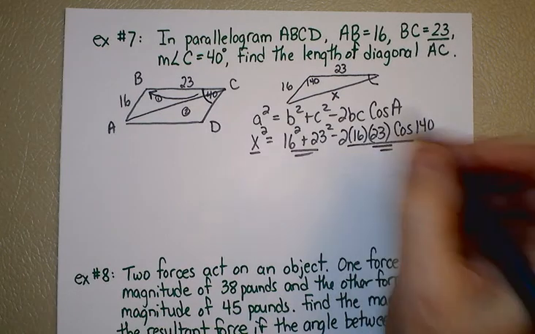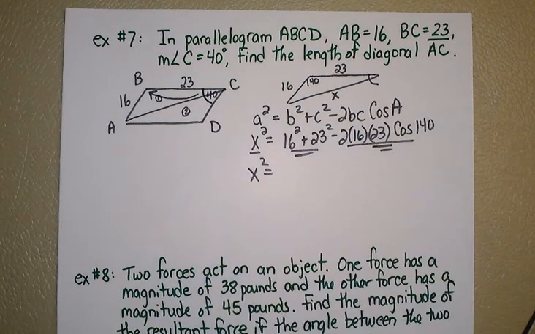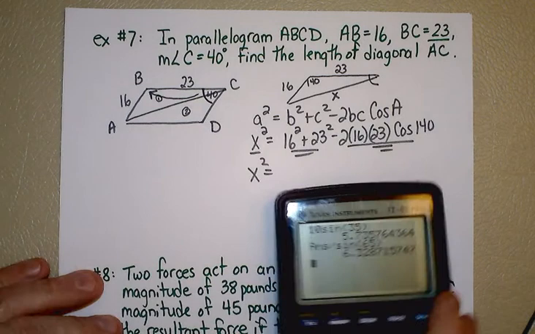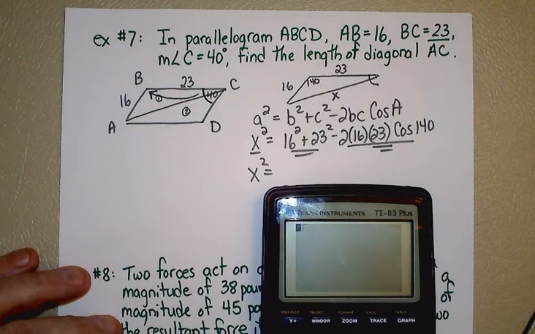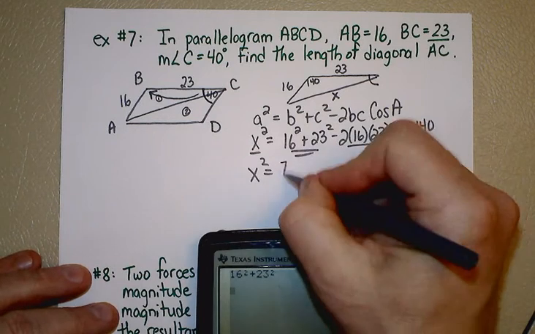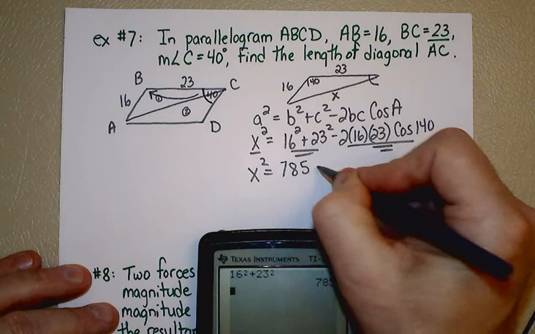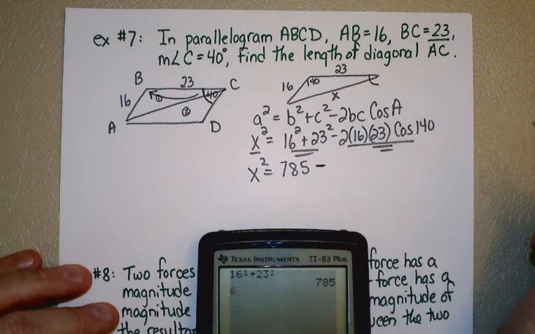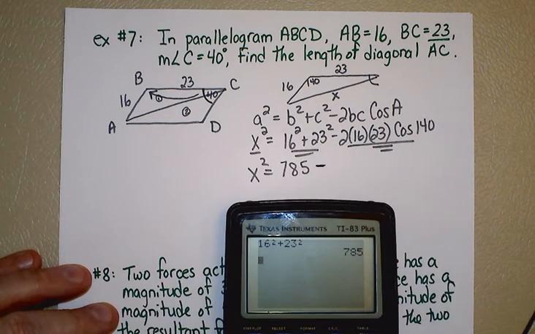So x squared equals, and I take the calculator out. I have 16 squared plus 23 squared. That's 785. Bring the minus down. That's the minus in the formula. And now I'm going to multiply 2 times 16 times 23 times cosine 140.